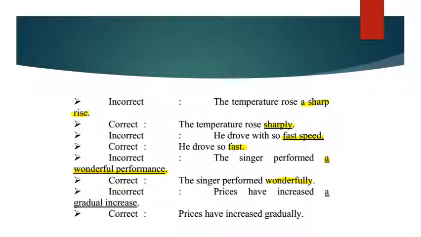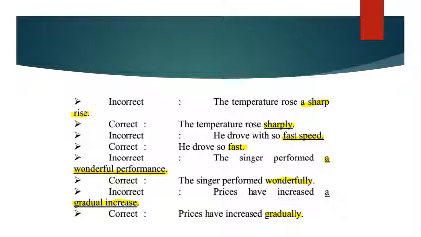The last example that we have here is prices have increased, a gradual increase. The same idea, using the adjective plus the noun. Again, copied from Arabic, which is wrong. The correct form should be using gradually, increased gradually, so using the adverb right away.